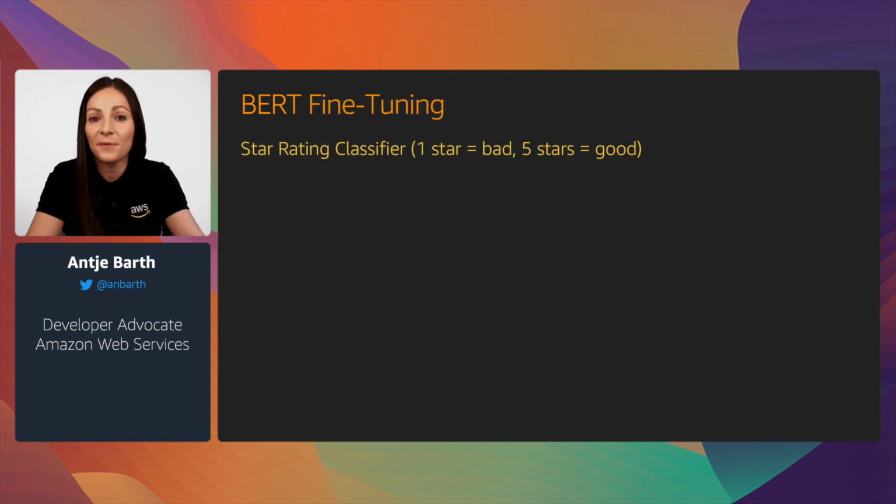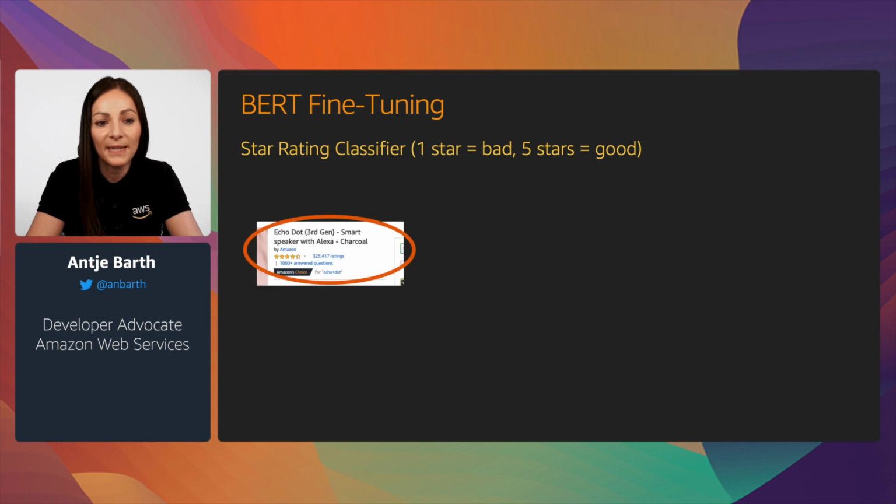All right, so once we're through this pre-training, our task is really to fine-tune the model to a domain-specific exercise. So let's say we want to implement a star rating classifier. You can think of it like this: if you visited Amazon.com recently because you wanted to look for a specific product, you might have visited the customer review section on the website to see if other customers like the product before you actually purchase it. And this is basically the star rating.